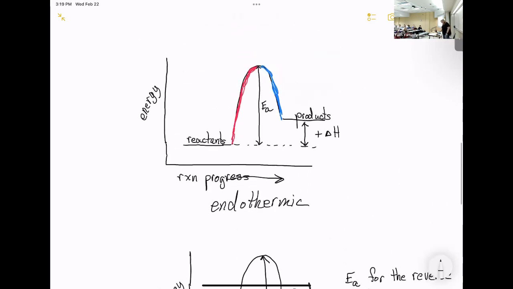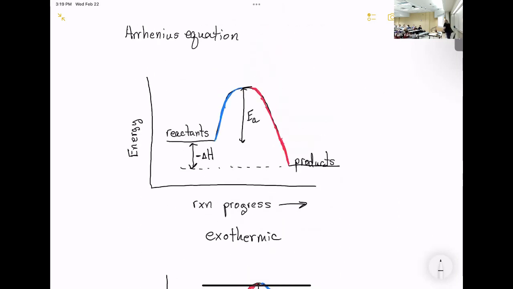Because if we go back to my first diagram, this is an exothermic reaction, but from an energy of activation diagram standpoint, this is not easy, because it has a very long energy of activation in order for the reaction to occur.